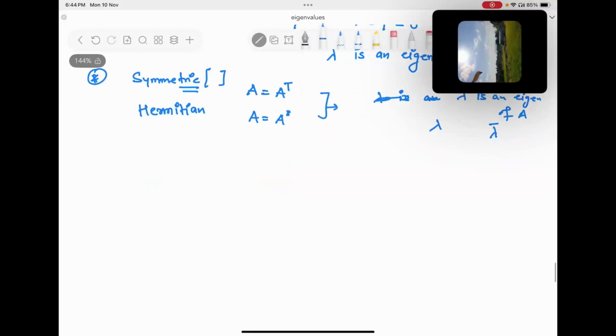So if you write lambda equals lambda 1 plus iota lambda 2, then lambda bar will be lambda 1 minus iota lambda 2.